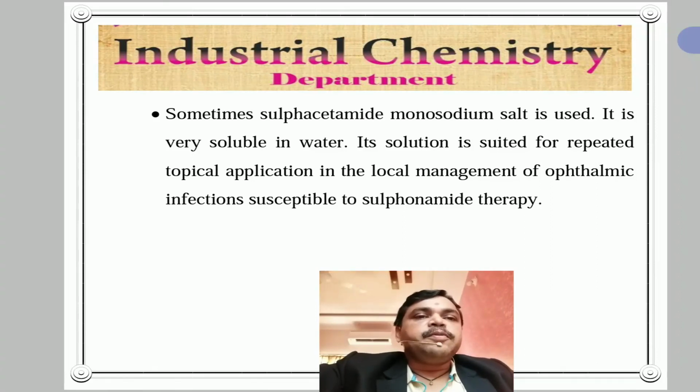Sometimes sulfacetamide monosodium salt is used. It is very soluble in water. Its solution is suited for repeated topical application in the local management of ophthalmic infections susceptible to sulfonamide therapy.